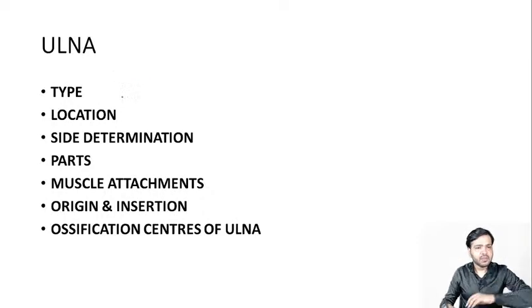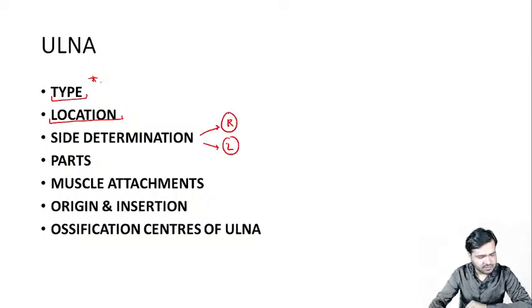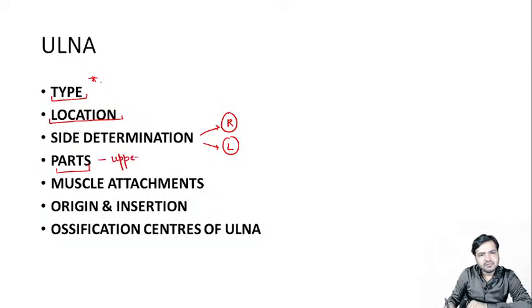It is the type of the ulnar bone, the location, site determination, right or left, how to differentiate based on certain parts. Parts of the ulnar bone, that is the upper end, shaft, and the lower end.